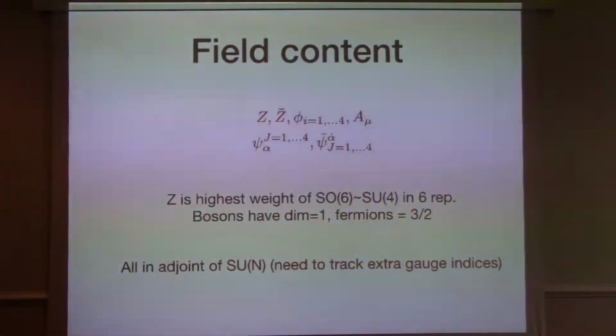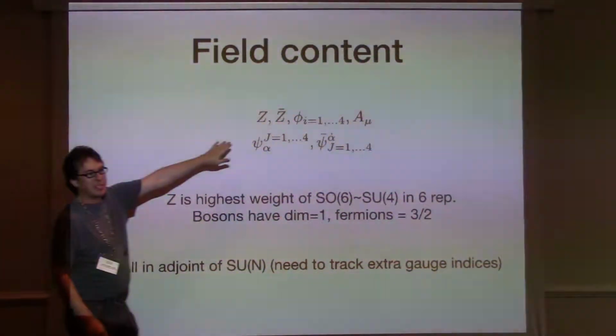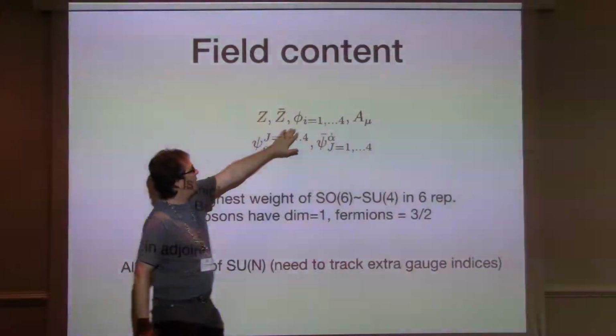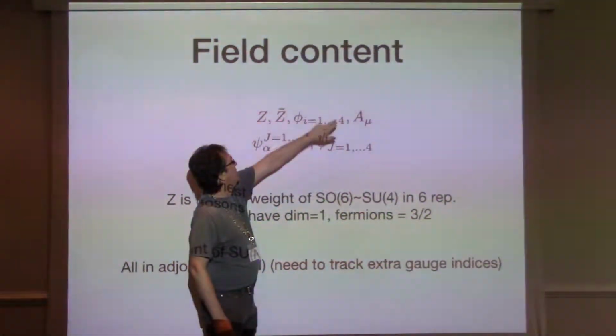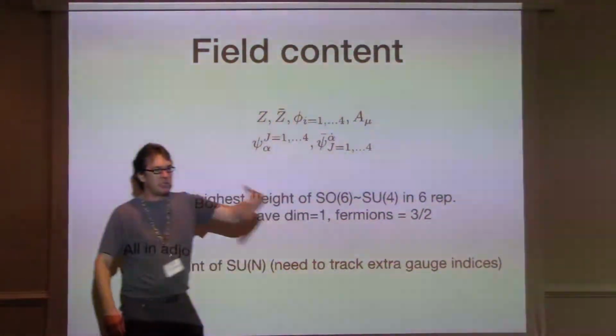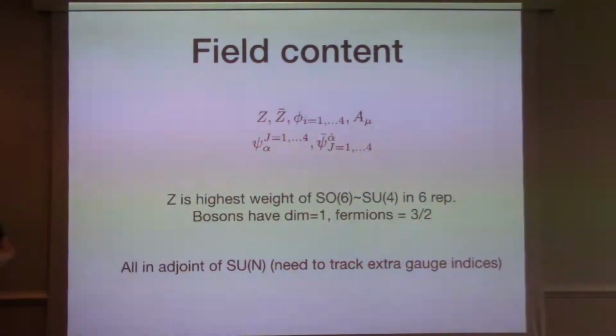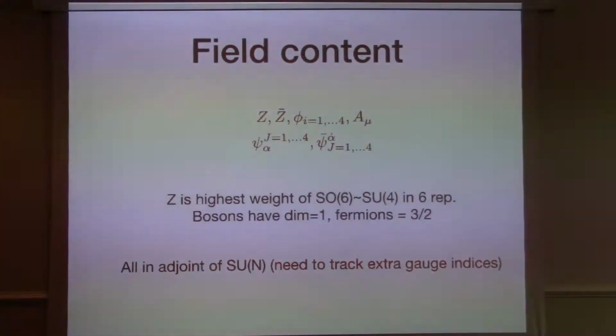Now there's a little bit of how do we write the field content of N=4 Yang-Mills. So I'm going to use my favorite notation, which is there's a field Z, and Z bar, and phi I from I to 4. These things together form a 6 of SO6, which is the R-symmetry group of N=4 Yang-Mills, and that's the isometry of the S5.